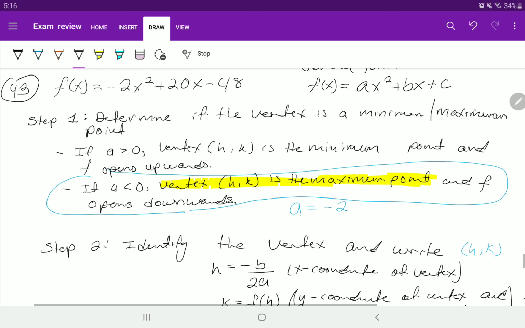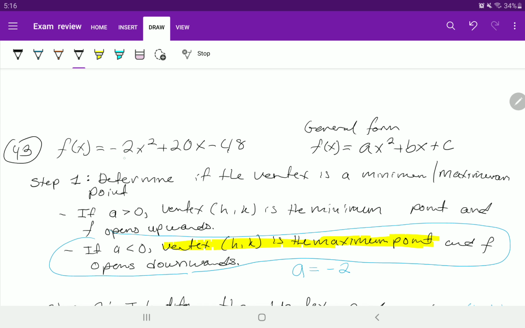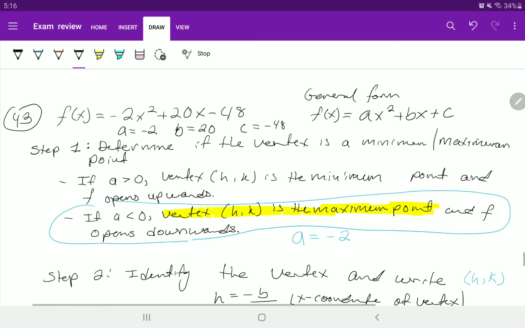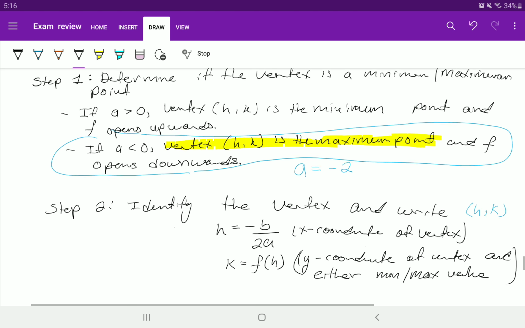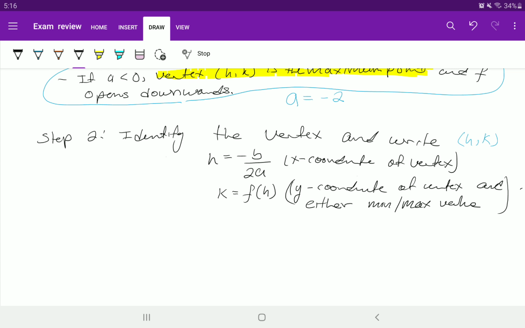So my function has negative 2x squared, so a equals negative 2, plus 20x, b is equal to 20, and c equals negative 48. H is negative b divided by 2a. Oops, I scrolled too far down. I don't need step number 3, by the way. So h equals negative, in parentheses, 20, which is negative b, divided by 2a.